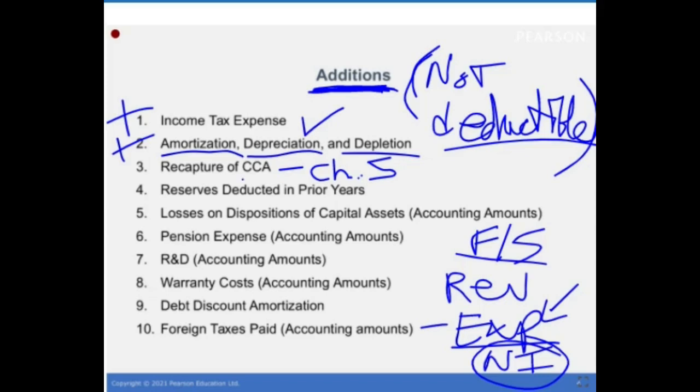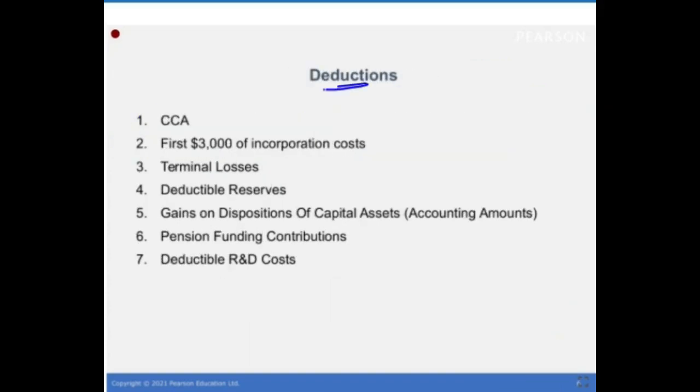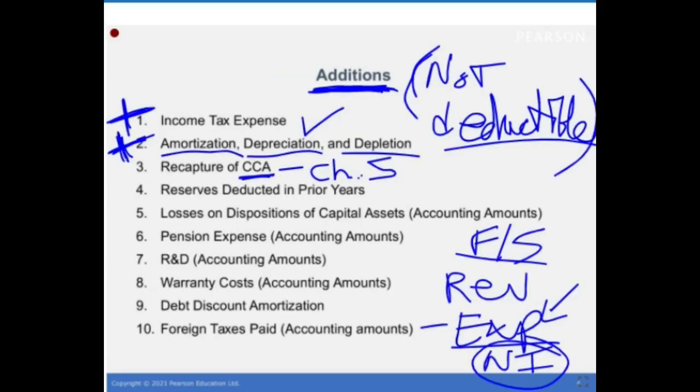So CCA is what we can deduct for tax. So we have to add back our amortization. That is not what we can deduct. So again, this is just a list of additions. In a moment here, we're going to talk about what the deductions are. So we're adding back things that are not deductible for purposes of tax.